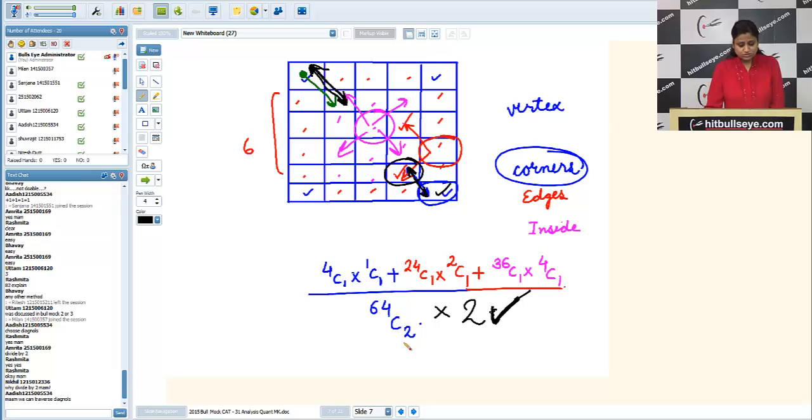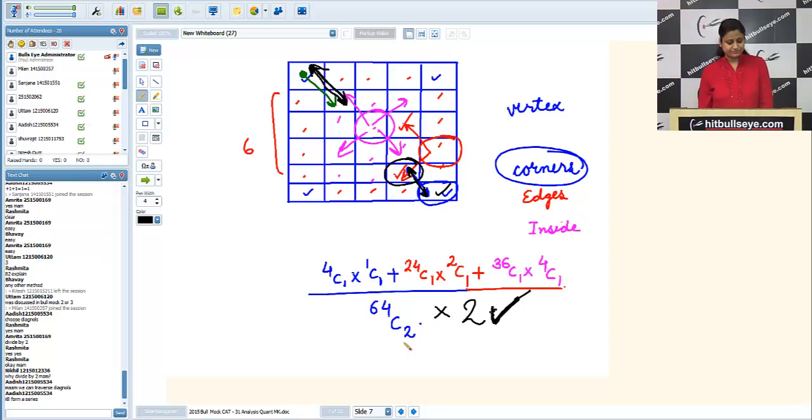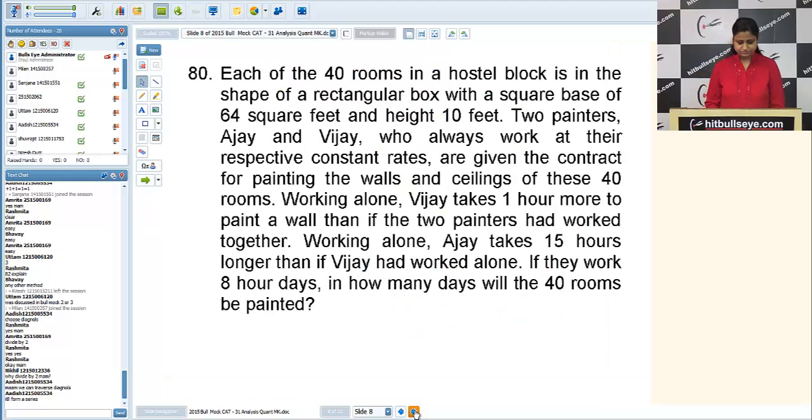You can go by rows, by columns, by diagonals. If we take a row, 2 consecutive, yes, they will make a series. But this is the standard, easy approach because we have 3 kinds of squares only: corners, edges but not corners, and the inside squares. Should I move further? Okay, let us move.